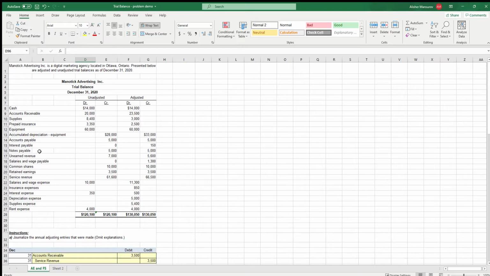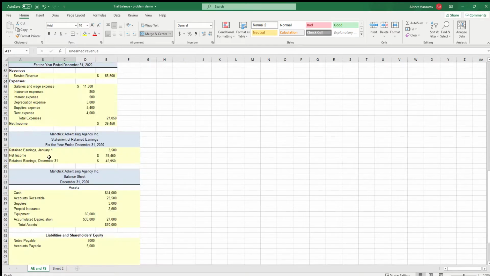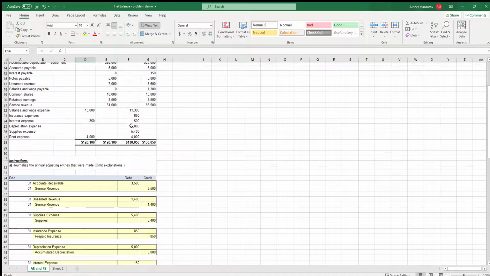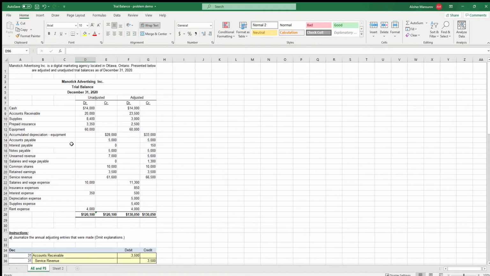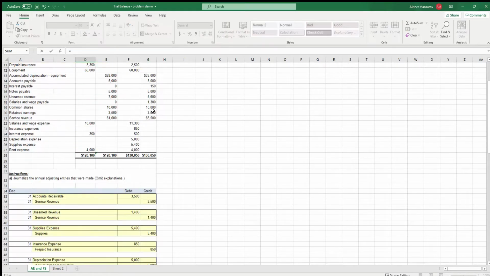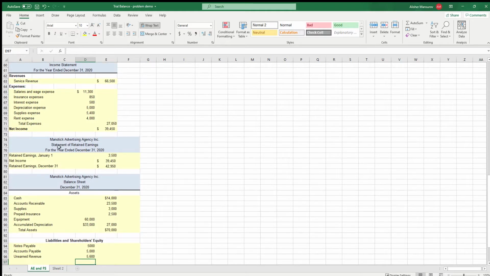Next we have, it looks like unearned revenue. So we're going to record that, unearned revenue, and this account had 5,600 in its balance, so we'll put it here, 5,600.